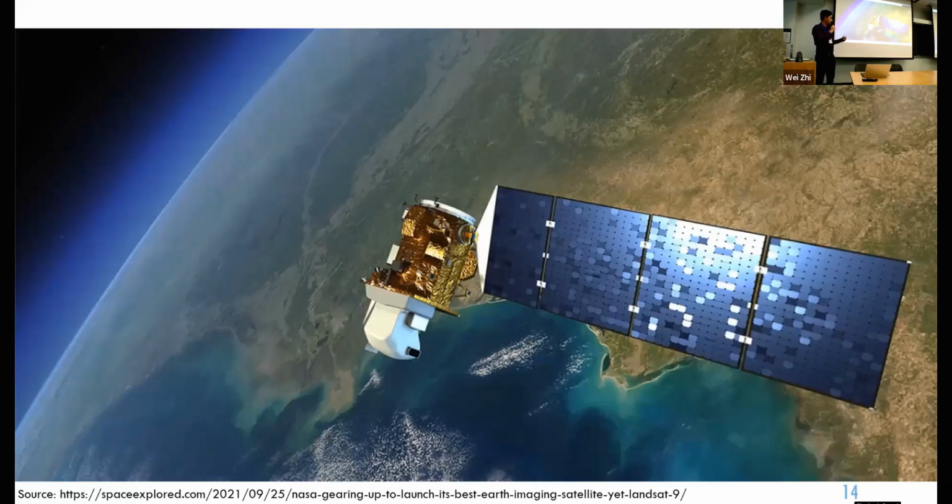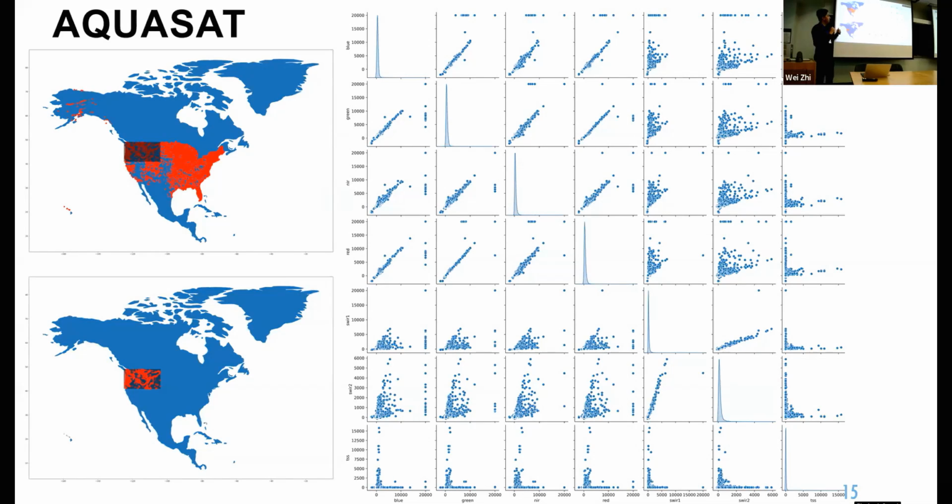The next step for this study was to look at the satellite imageries and see how we do on satellite imageries. So we've got AquaSat. This was a data set that was published, I think, in Scientific Data. And they have point estimates of suspended sediment concentration in each location of the suspended sediment gauges, and they have all the Landsat bands, mean and standard deviation values recorded for the entire US.